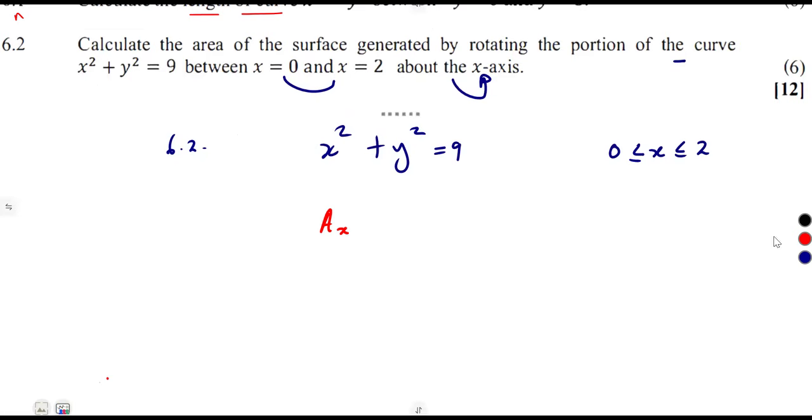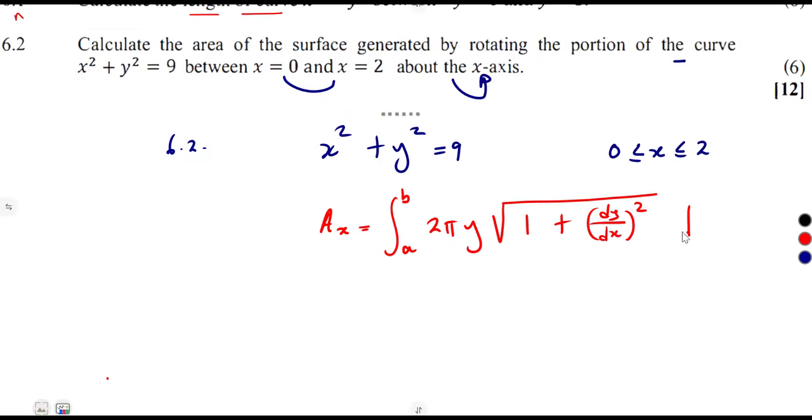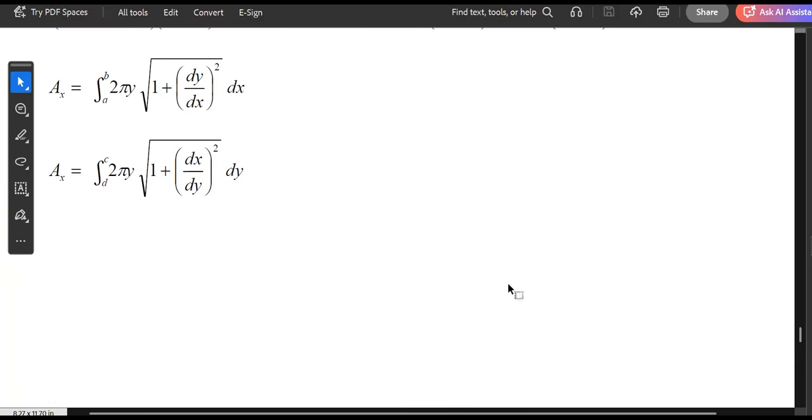The limits are for x. So our area is going to be the integral of 2 pi y times the square root of 1 plus dy dx squared, with respect to x, as we saw in that formula here.